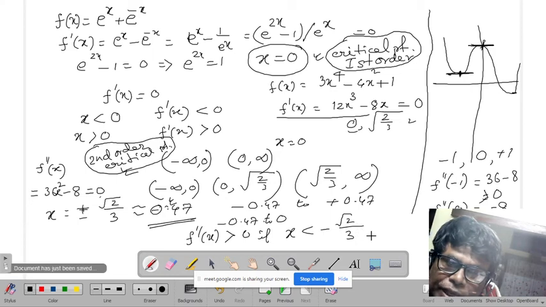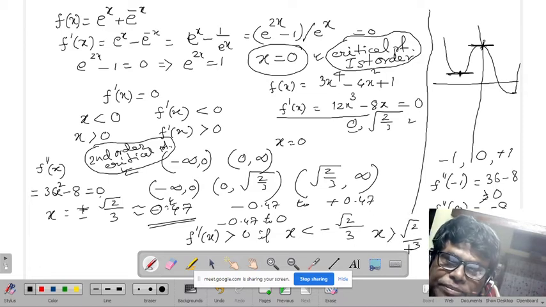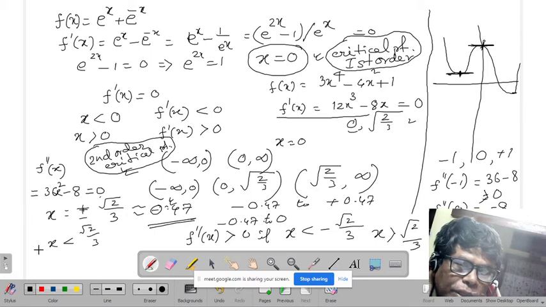Another point, if x is greater than root over 2 by 3, it is greater than 0. In this region it is negative, that means it is decreasing, if x lies between minus root over 2 by 3 and root over 2 by 3.